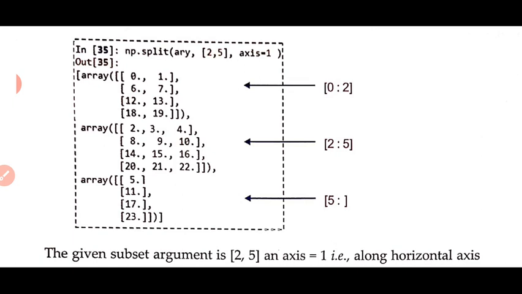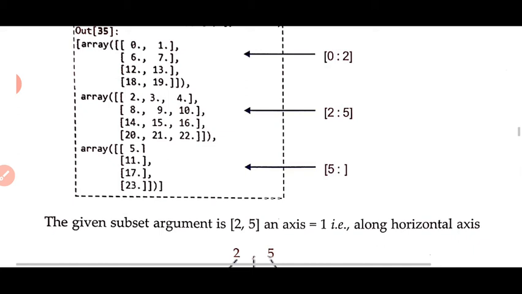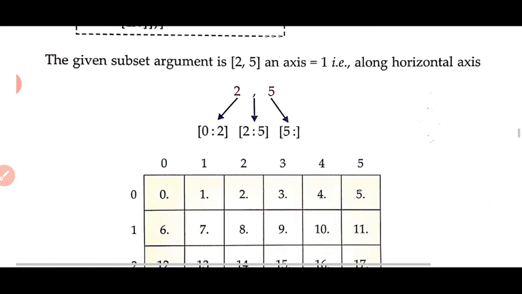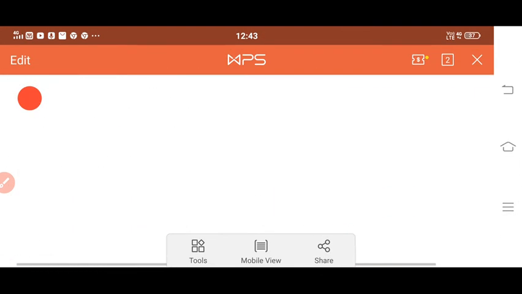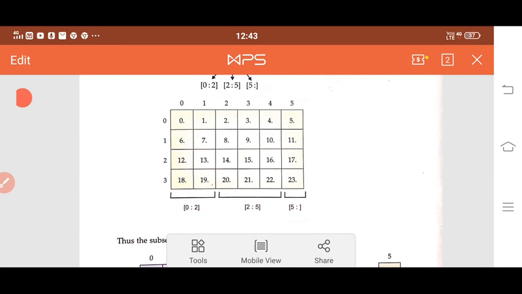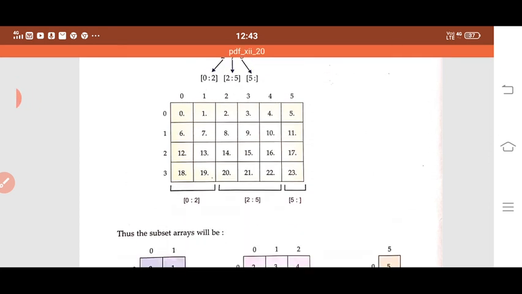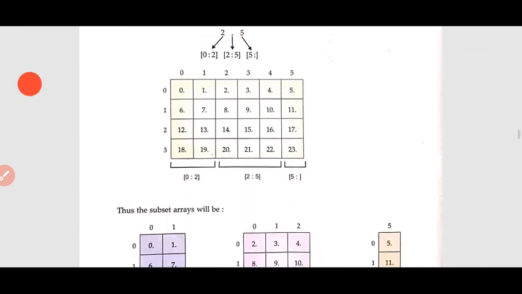Understand? Good. The given subset argument is 2, 5 and axis is equal to 1, that is along the horizontal axis. So 2, 5 means 0 to 2, 2 to 5 and 5 to end. 0 to 2 means 0 and 1, 2 to 5 means 2, 3, 4, and 5 to end means only the fifth column.